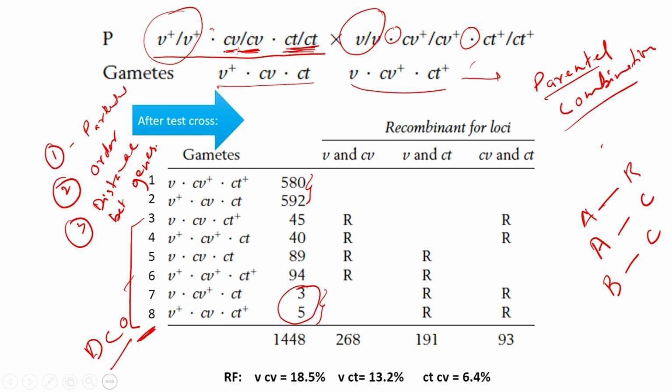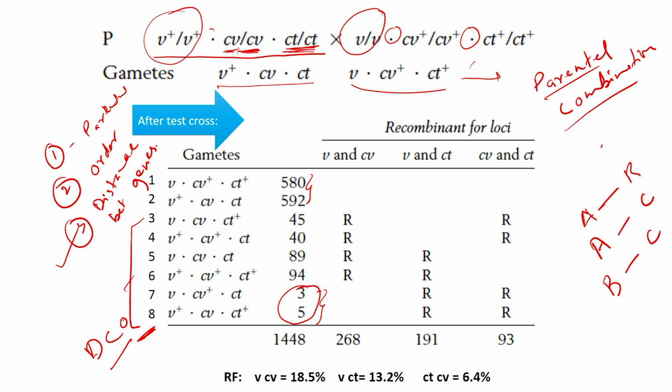We will discuss, do not worry about it, but just remember that the numbers where you see the least offspring, they are the double crossovers, and they can also help us understand the location of the gene, which gene is going to be in the center, right. So, we will discuss this way of identifying the middle gene later. Let us go the longer way first, where we are going to identify the distance between the genes.